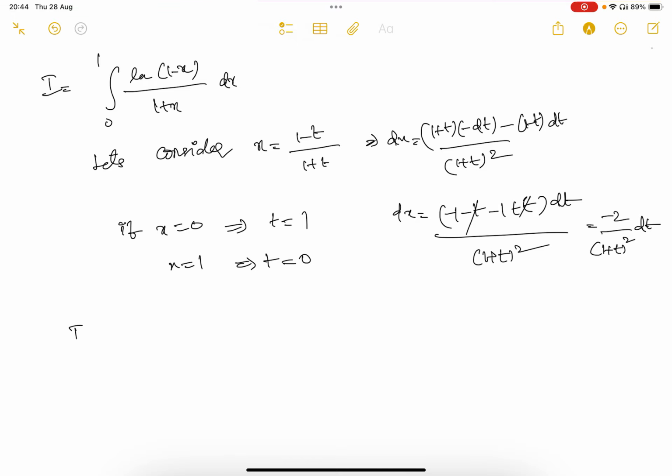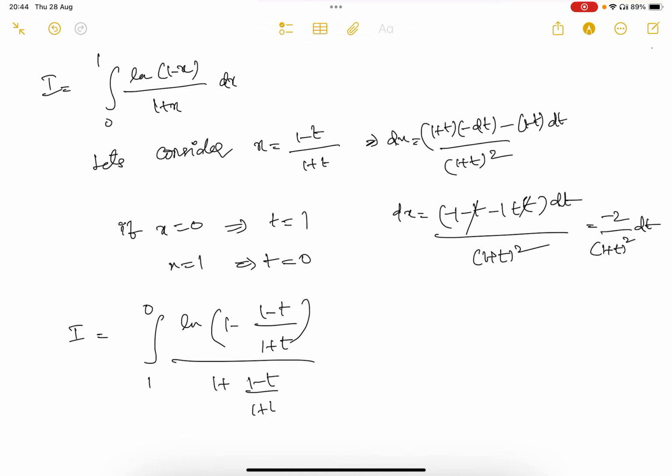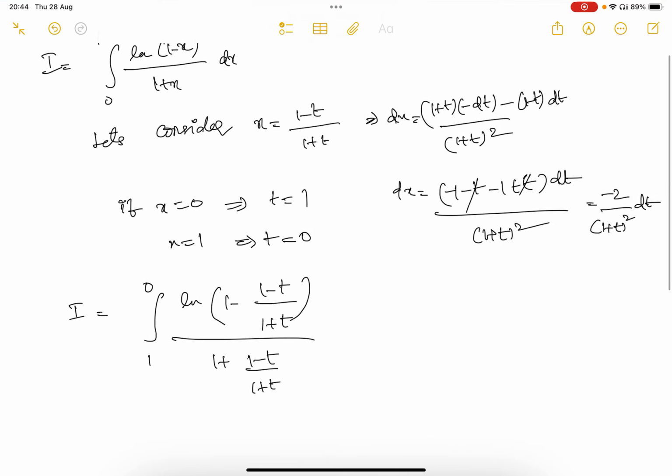That is, I will be integral 1 to 0 ln of 1 minus (1 minus t by 1 plus t) by 1 plus (1 minus t by 1 plus t) into dx, which is minus 2 by (1 plus t) whole square into dt.